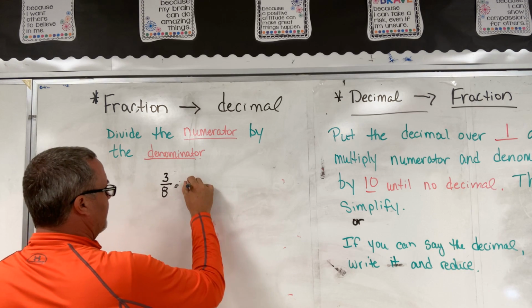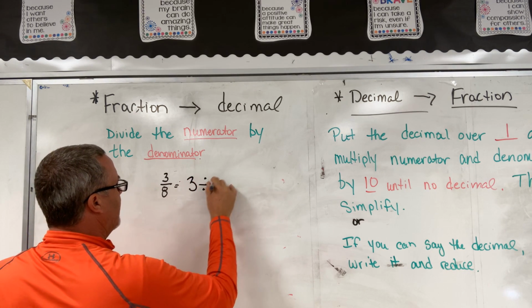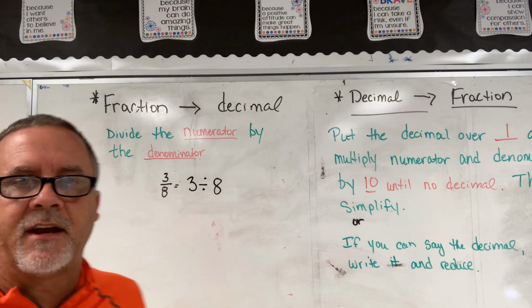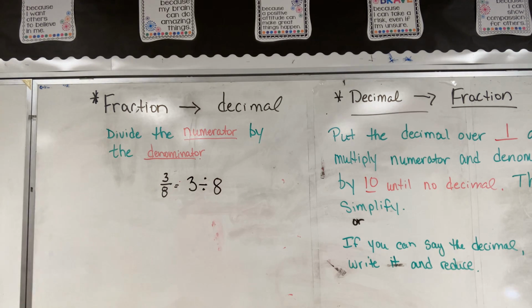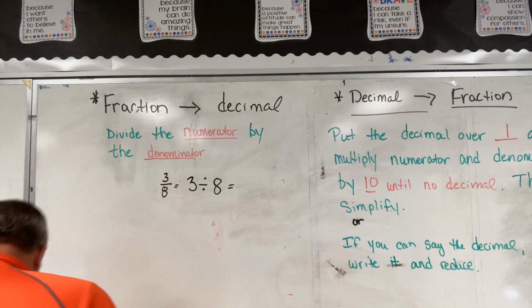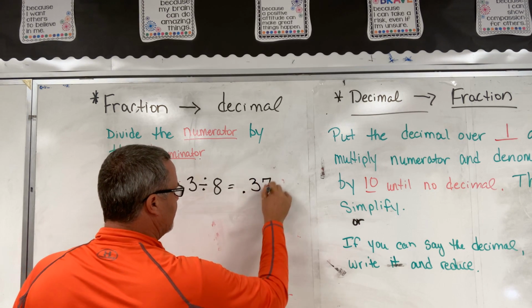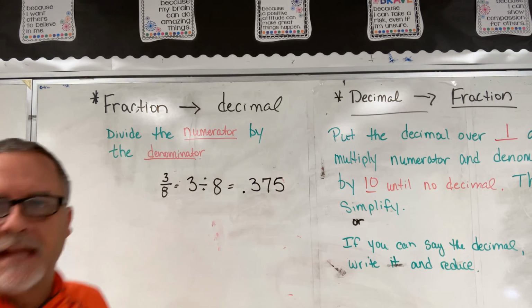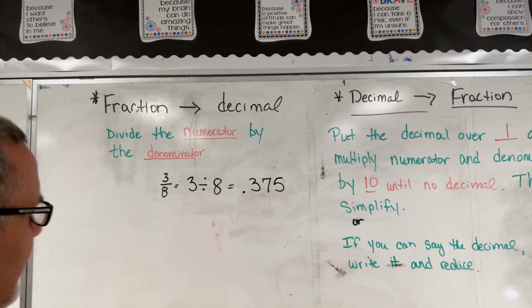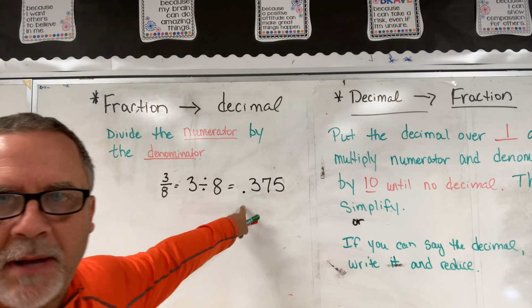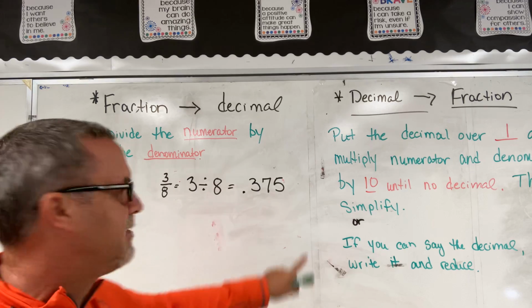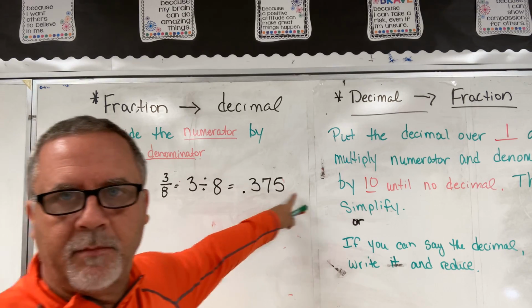So that's 3 divided by 8. If you do that on the calculator, however you want to do it, if you want to do it longhand, but I would just do it on a calculator, 3 divided by 8, you should get 0.375. Now, that's all you're going to get. There is no repeating pattern. There is not another 375. It's 3 different numbers. It doesn't repeat.